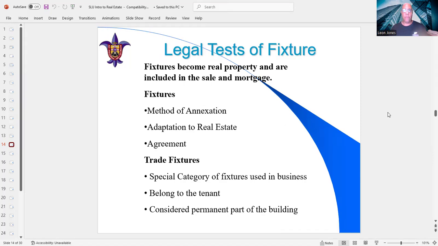So under a fixture, we have a method of annexation, an adaptation to real estate, an agreement. And then we have trade fixtures. That's a special category of fixtures that's used in business. And it also belongs to the tenant. And it's considered a permanent part of the building.